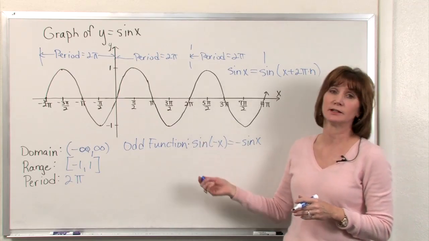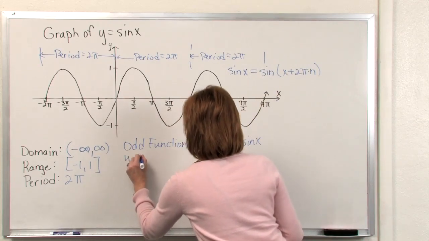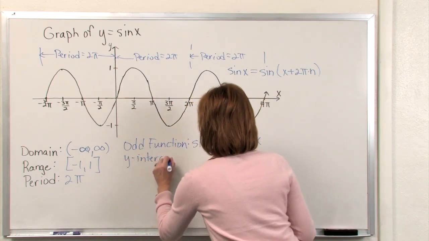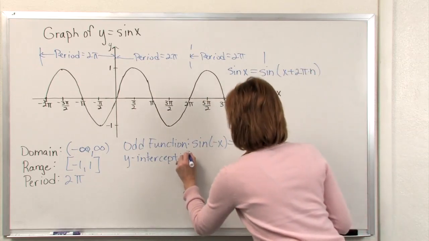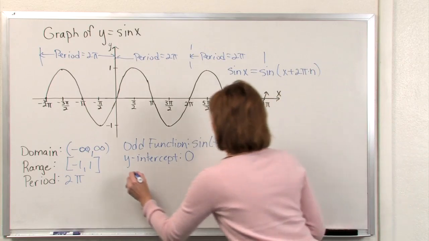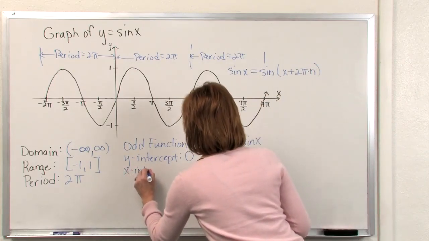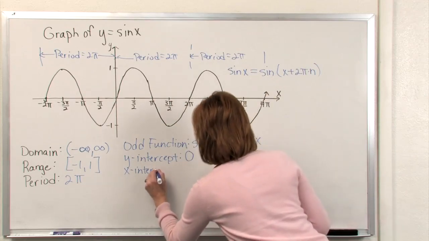Another characteristic, let's look at the intercepts. What's the y-intercept? Where does the graph cross the y-axis? And we can see that the y-intercept is 0. Now, what about the x-intercepts? Well, there's an infinite number of them, as we can see, because remember this goes on forever. But let's describe where they occur.